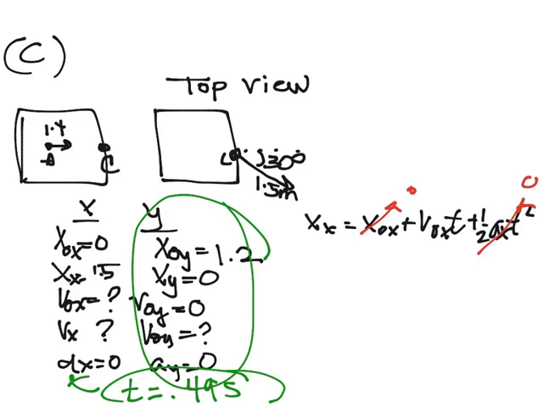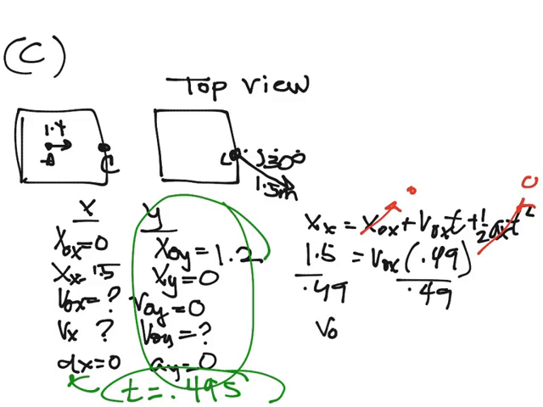So I have xx, which is 1.5, is equal to v naught x, which I want to know, times 0.49. I divide both sides by 0.49, and I solve for v naught x. I see that v naught x is equal to 3.06 meters per second.